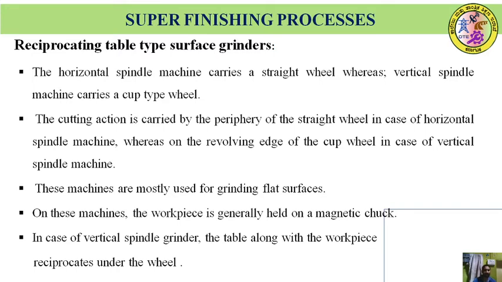These machines are mostly used for grinding flat surfaces. On this machine, the workpiece is generally held on a magnetic chuck. In case of the vertical spindle grinder, the table along with the workpiece reciprocates under the wheel.